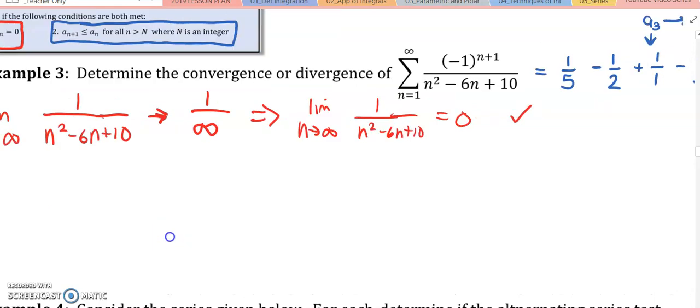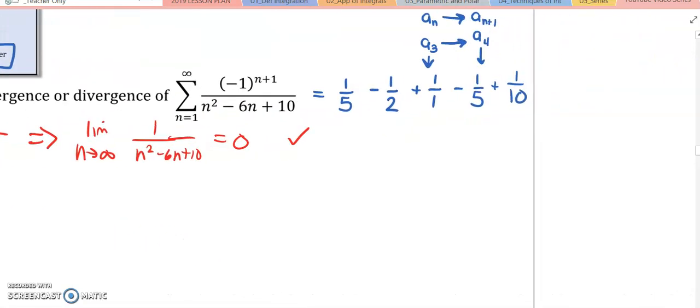What we want to do is show that the denominator is getting bigger. Keep in mind that if you look here, it goes from 1 to 5 to 10. We want to show that the denominator is increasing, which means we want to show that the derivative is positive.